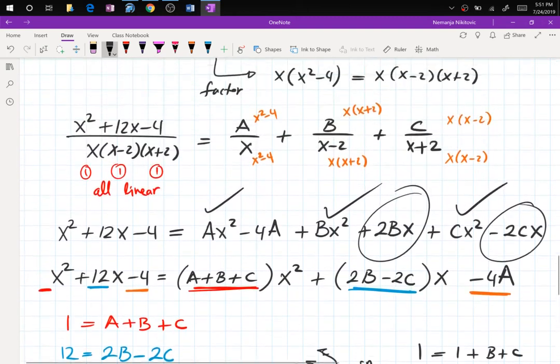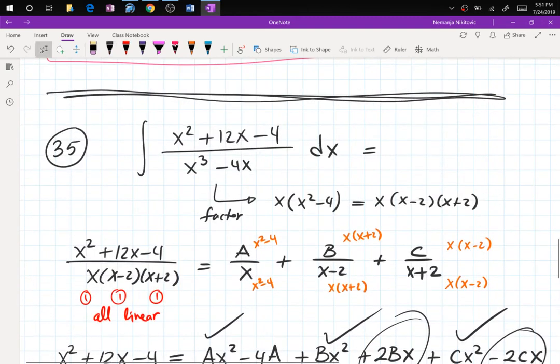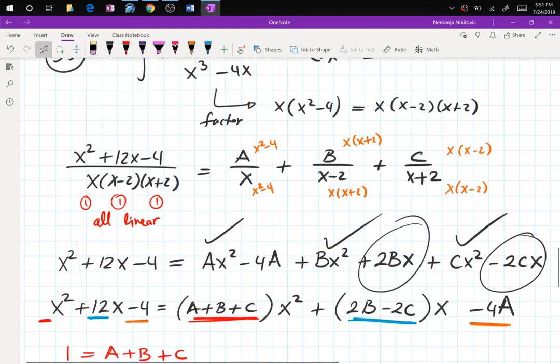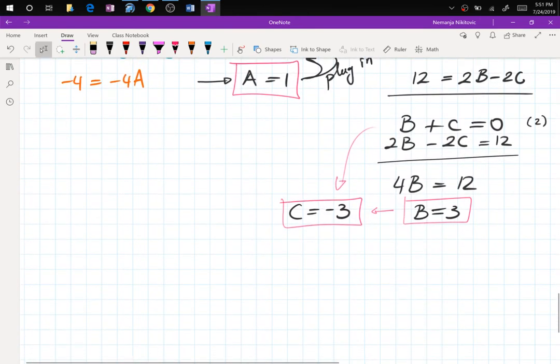Now I can go back to my integral all the way up there and replace all of this with our partial fraction decomposition.